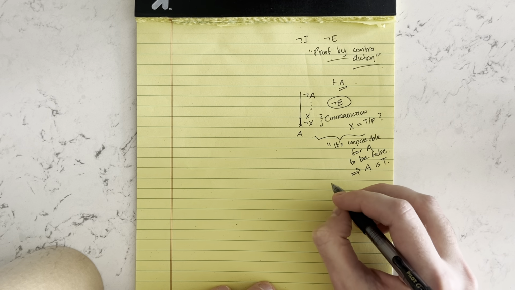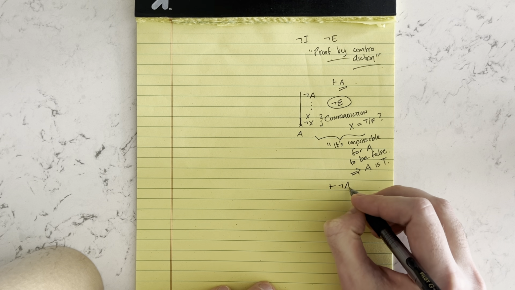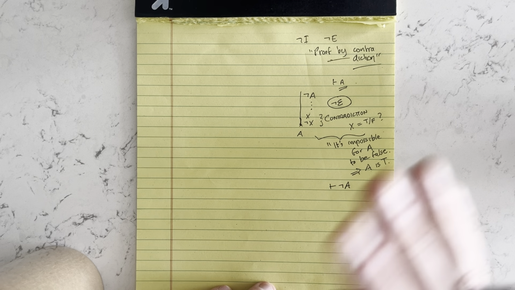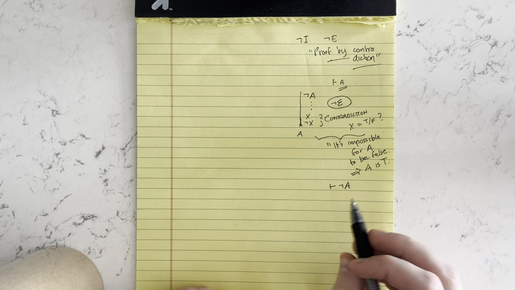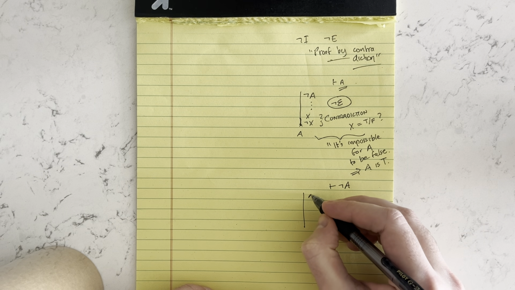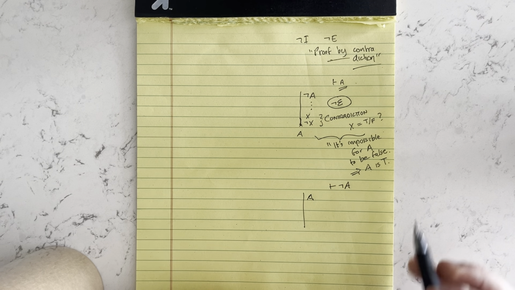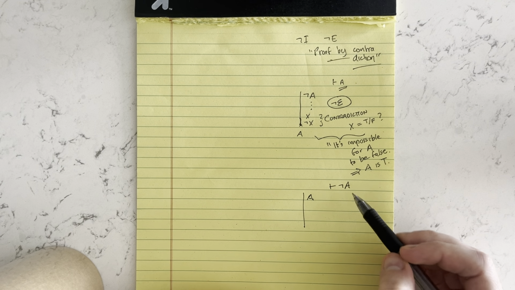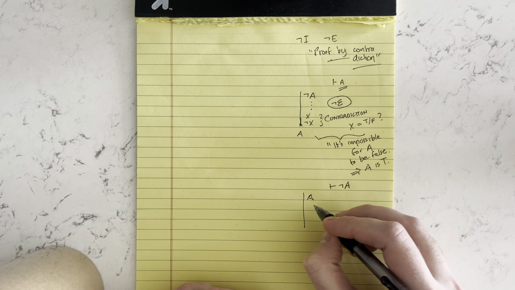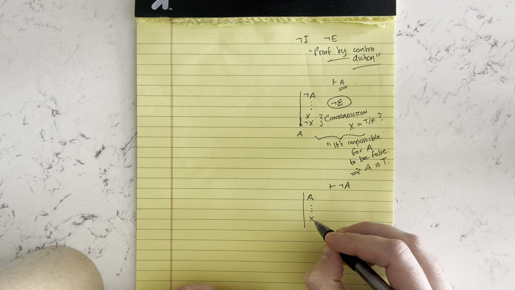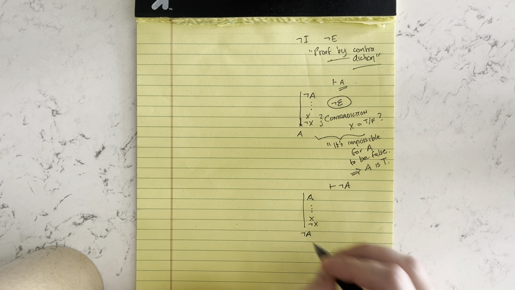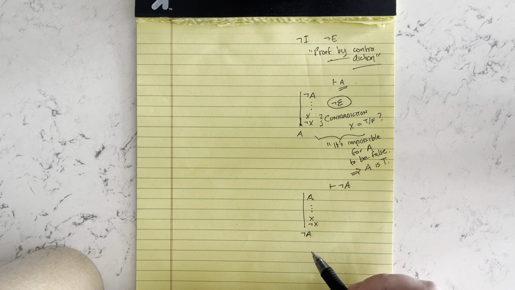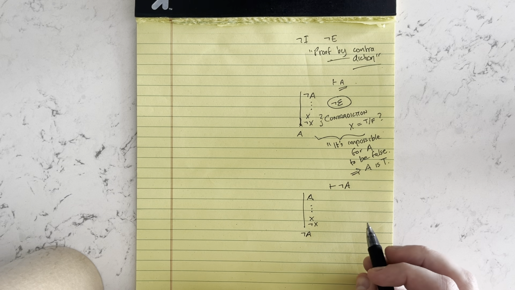By the exact same reasoning, if we're trying to prove the sentence not A, so I've switched things around now, what I can do is say, hey, assume A. So again, it's the opposite of what I'm trying to prove. I get myself a contradiction. That allows you to say, hey, A must be false. This proves not A.